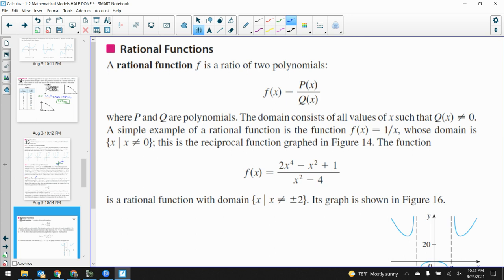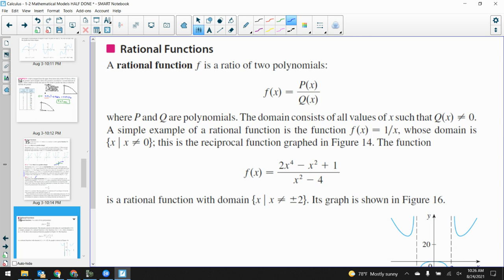And rational functions, I talked about them a little bit, but a rational function is 1 over x or any polynomial over another polynomial. So if I have two polynomials, p of x over q of x, this is considered a rational function. Like x squared plus 2 over x squared minus 2. That's a rational function. 2x to the fourth minus x squared plus 1 over x squared minus 4. That's a rational function.